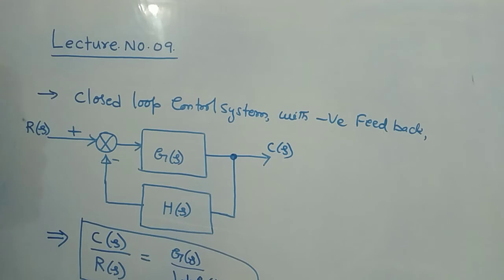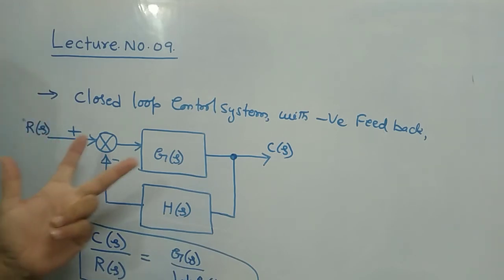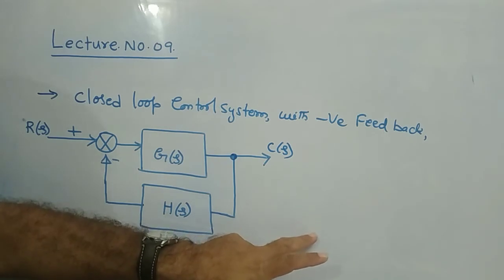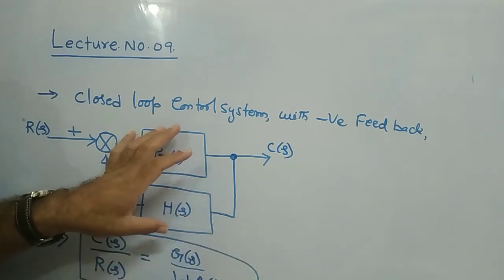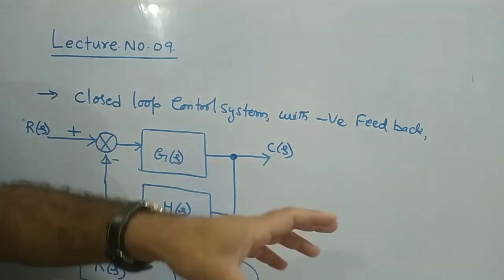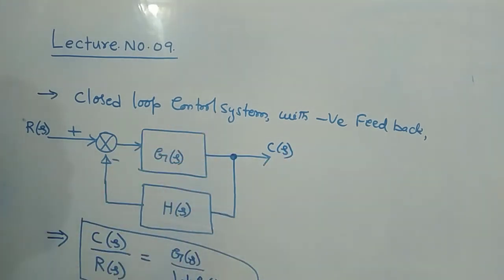So what I mean to convey is the beauty of the signal flow graph: the block diagram problem can also be solved with the help of signal flow graph. This block diagram can be converted into signal flow graph, and by applying these 4 steps, you can find out the transfer function.